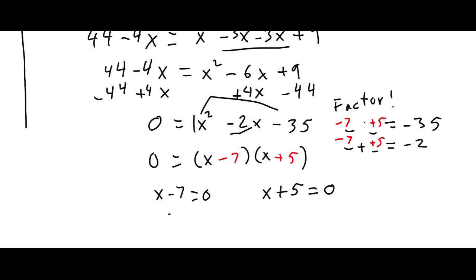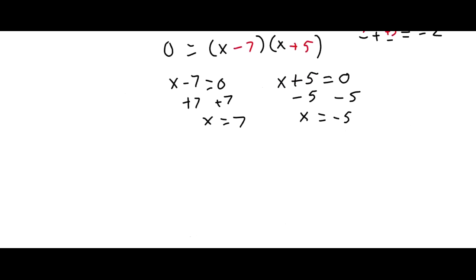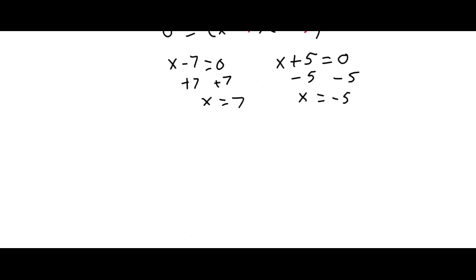Add 7 to both sides, and you get x equals 7 is one of your answers. Subtract 5 from both sides, and you get x equals negative 5 is your other answer. But you say, wait a moment, like we learned in the previous question, we still need to check our answers. Here we got two answers, we need to check both of them.